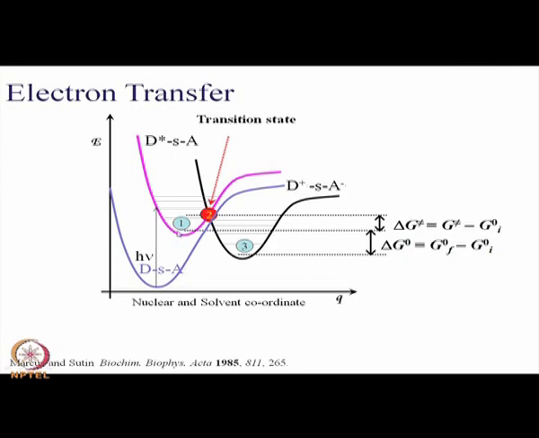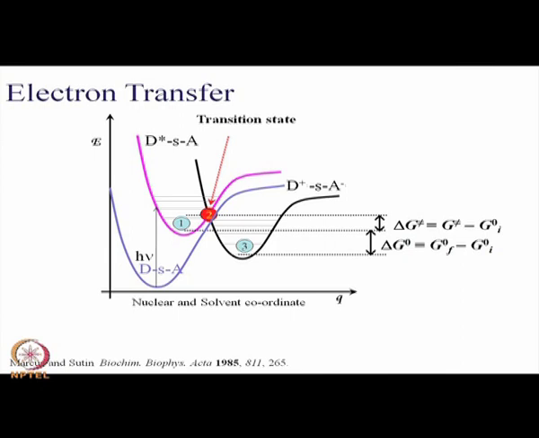Here we have designated 3 points, 1, 2 and 3. We have designated these 3 situations as if the electron is localized at point 1, then 2 and then 3. So, it is a transmission of electron from this region to the other region.